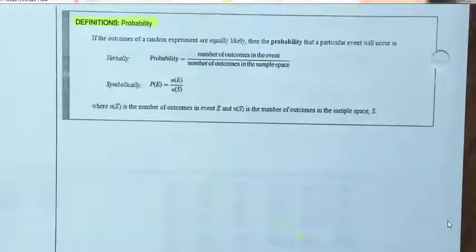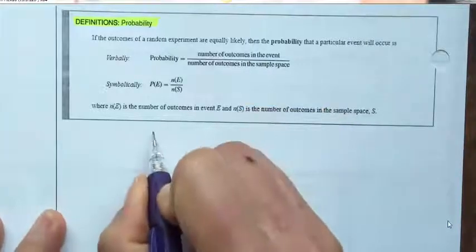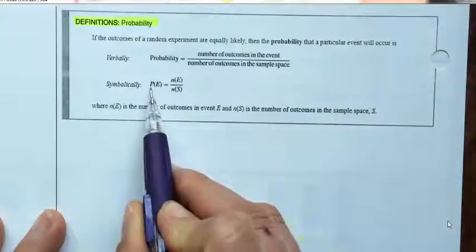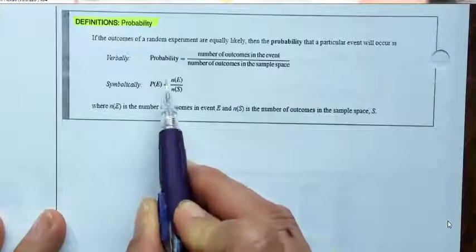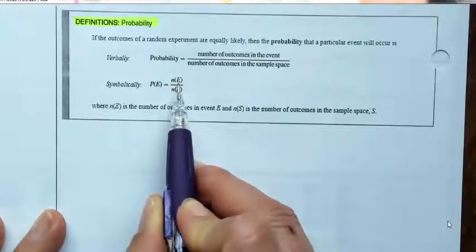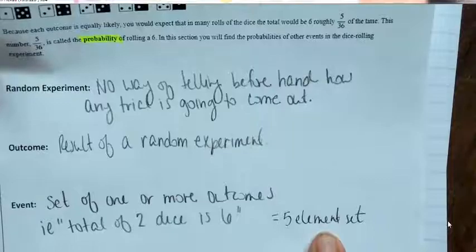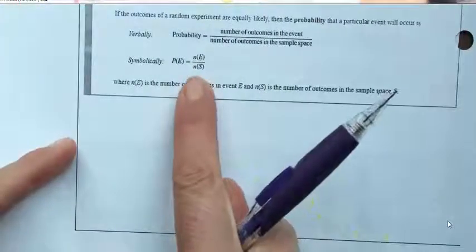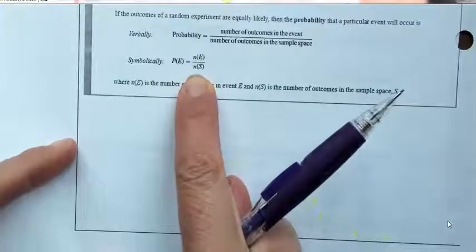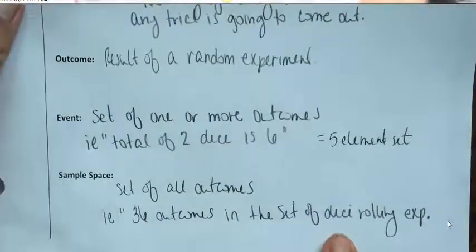So for our example, we could write this symbolically. The probability of an event occurring is the number of elements in that event set, which for us was 5, over the number of outcomes in the total sample space, which for us was 36, as we talked about down here.